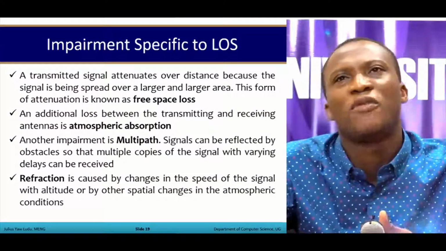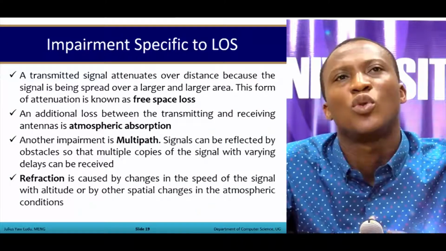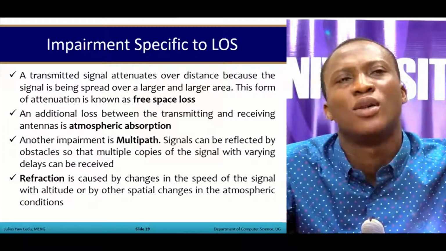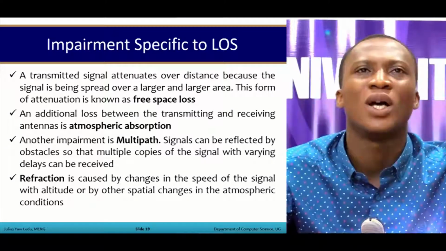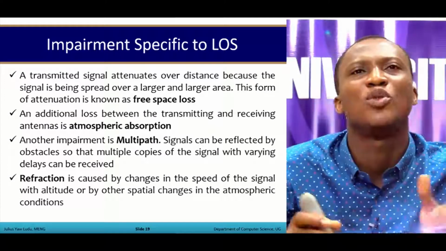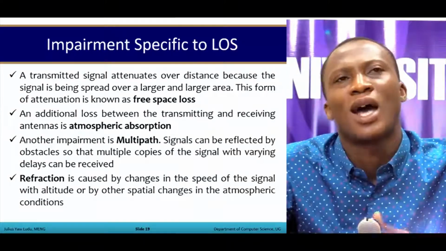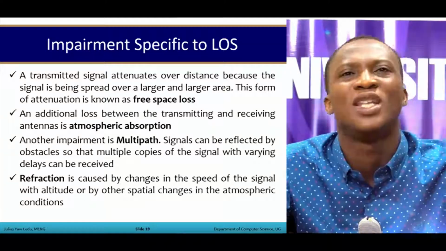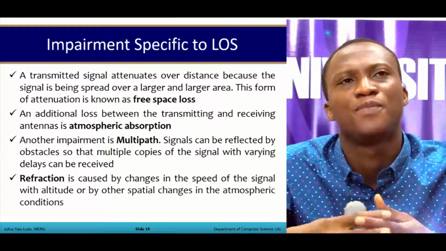Signals can be reflected by obstacles so that multiple copies of the signal with varying delays can be received. Once an obstacle comes in between our signal, this reflects our signals, and they move in different directions but all converge at one point.